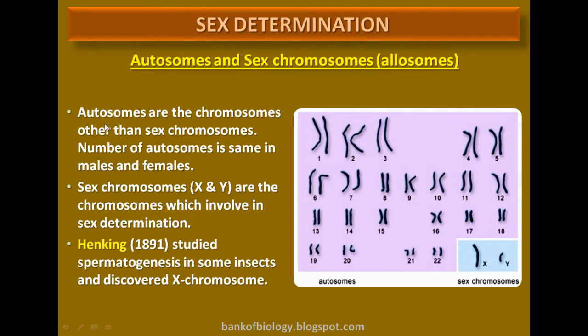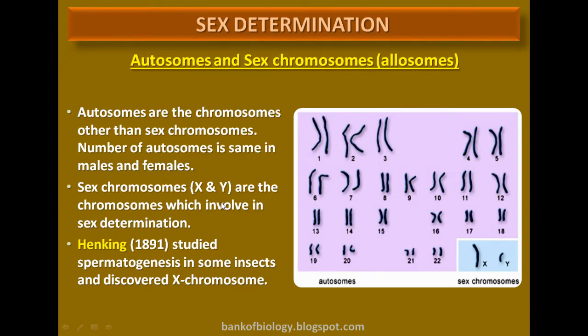Autosomes are the chromosomes other than sex chromosomes, and the number of autosomes is the same in males as well as in females. Sex chromosomes X and Y are the chromosomes involved in sex determination.